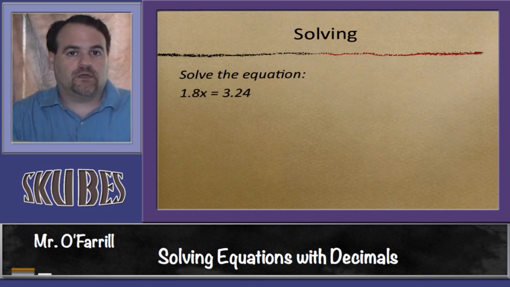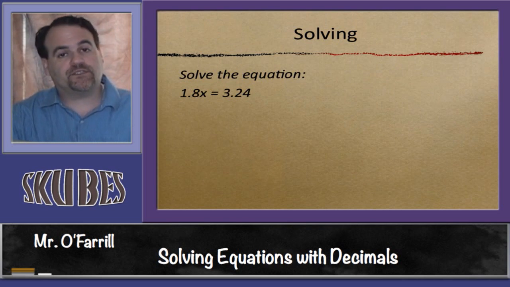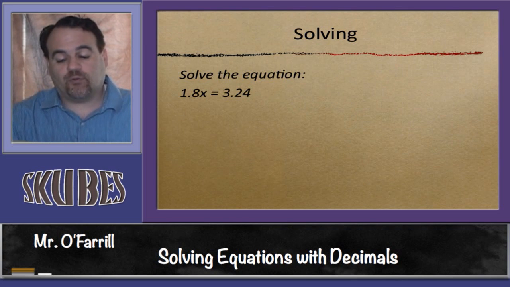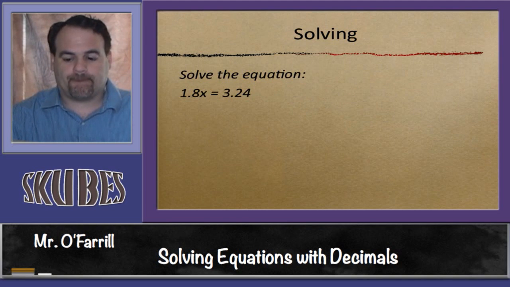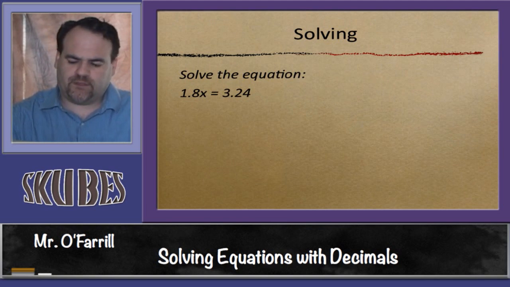So that involves some addition and some subtraction. Let's do this one with multiplication and division. Here we have 1.8x equals 3.24. Maybe you're still not a fan of decimals. So what will we do?